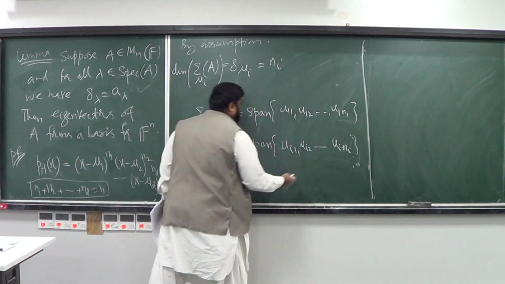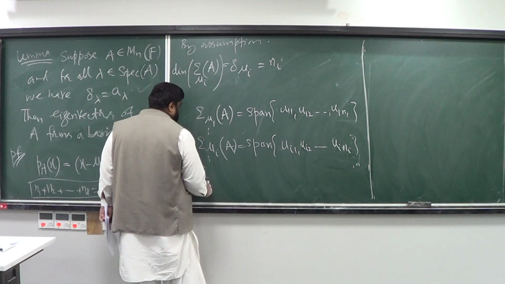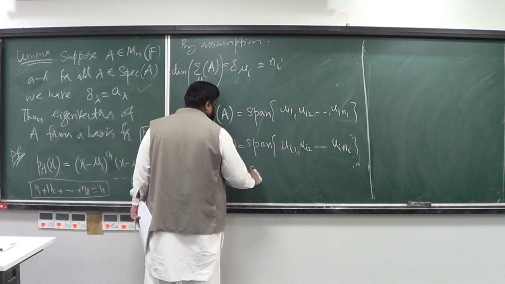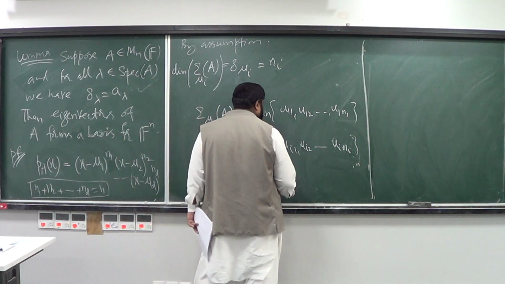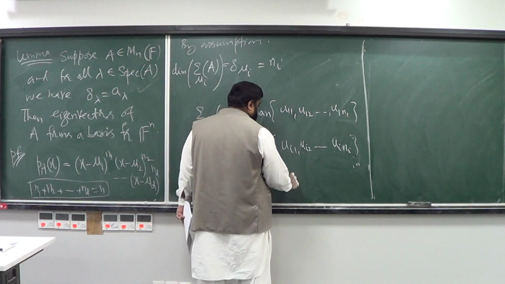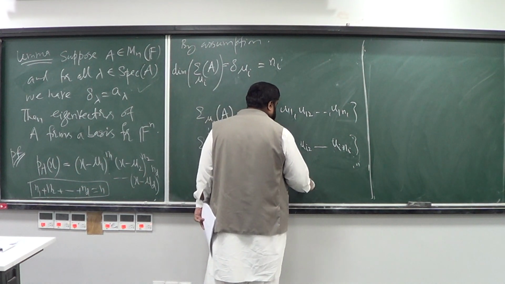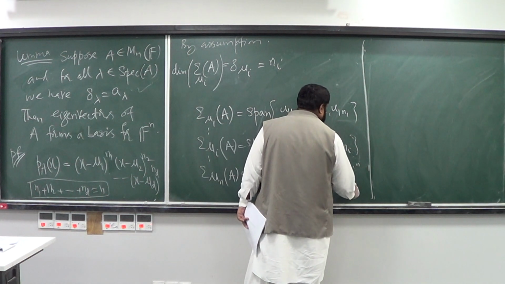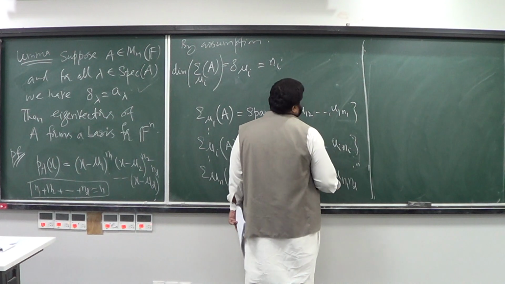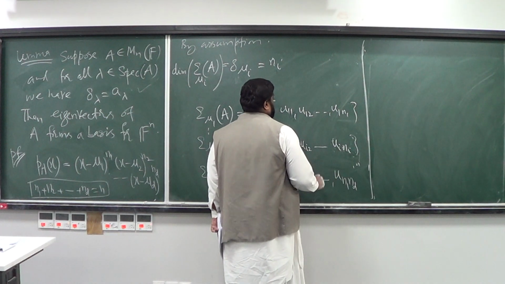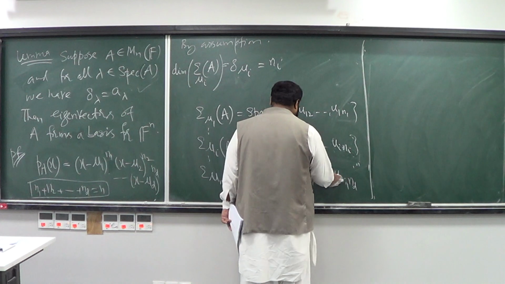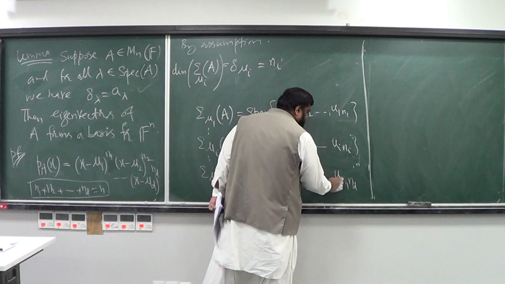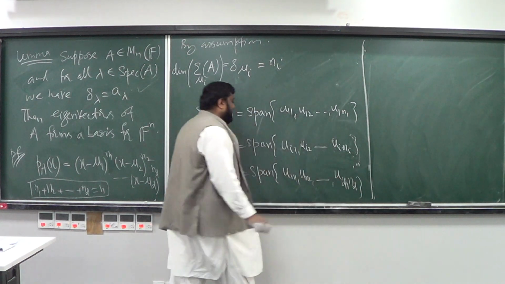Or maybe if I write the final one, the eigenspace of mu d of A is the span of vectors ud1, ud2 up to u d n d actually. By the way, this is going to be d because there are d eigenvalues.